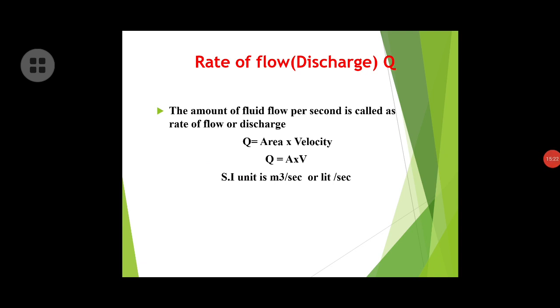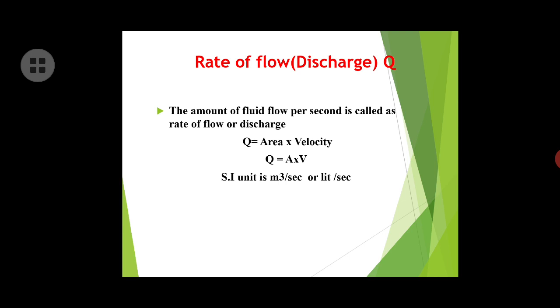Next, rate of flow. It is denoted by Q and its name is discharge. The amount of fluid flowing per second is called rate of flow or discharge. It is denoted by Q, and Q is equal to area into velocity. The SI unit is meter cube per second or liter per second.